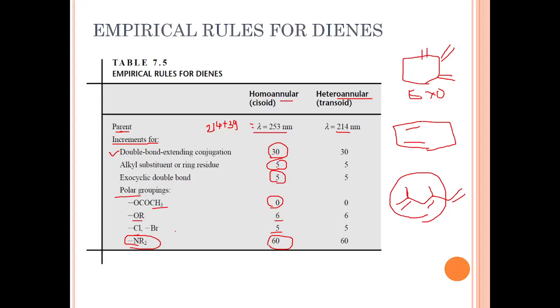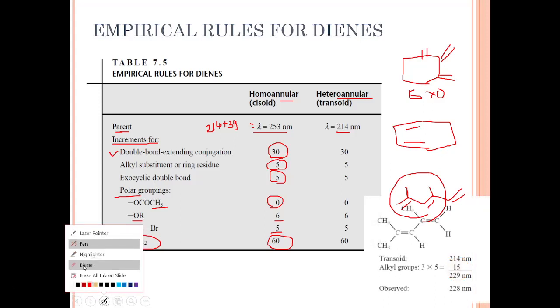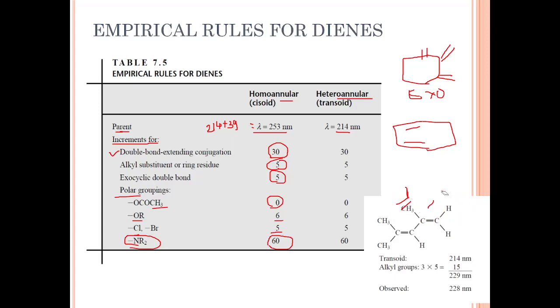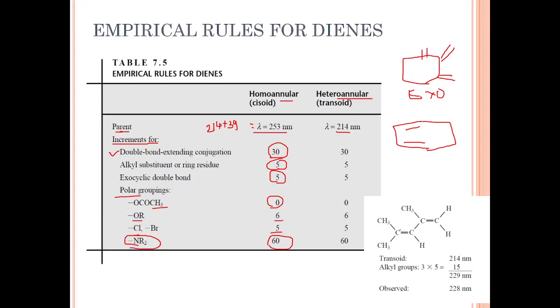Okay. Now let's take one example. Then we will understand how we can calculate the lambda max or absorption. I have this example for you guys. You can see here we have a compound. This is a transoid, so basically its base value is 214 nanometers.